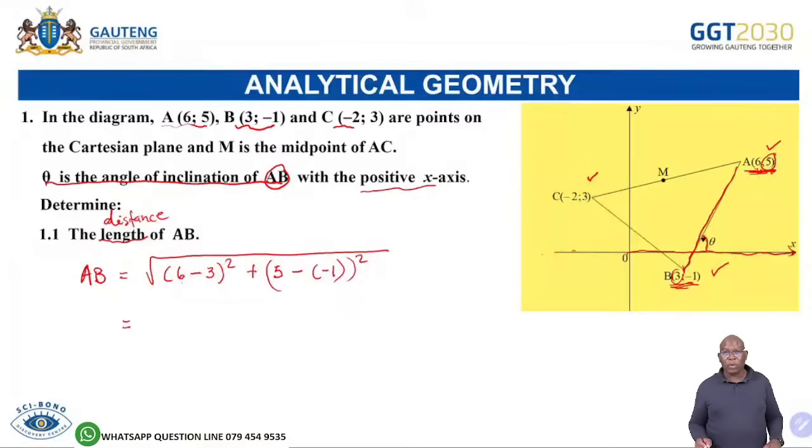Then you say squared. And if you do it like this, you're going to get 3 root 5. That's what you're going to get. So it's very, very important that you know how to use your calculator correctly to get the correct answers.